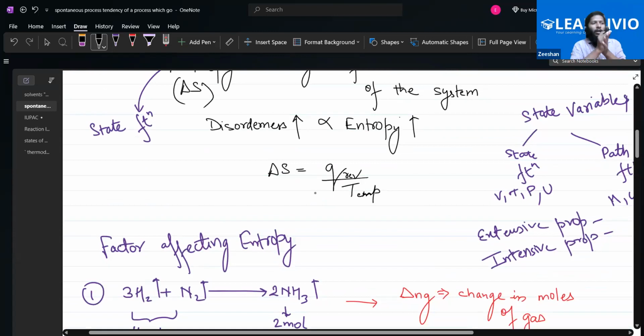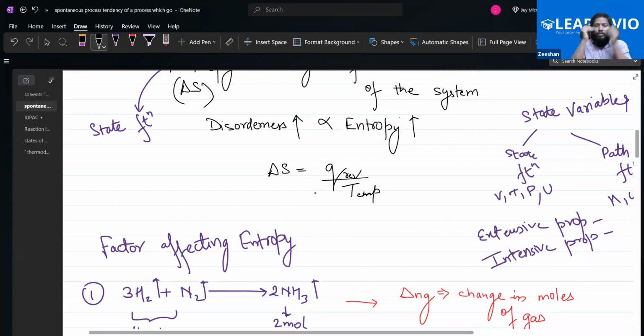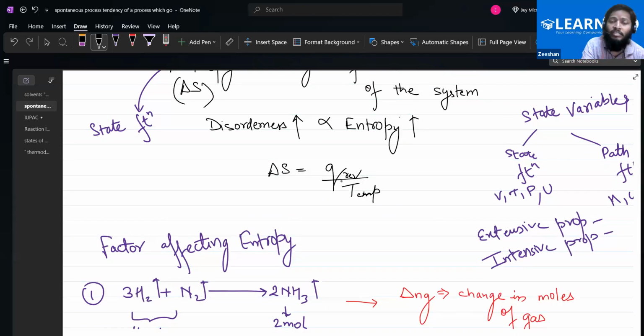See, the question is, hello, is everybody listening? Yes, sir. The question is the enthalpy change for transition of liquid, right? The enthalpy change of the transition of liquid is given. So the heat exchange is already given in this question, right?